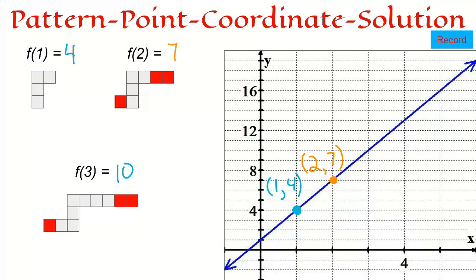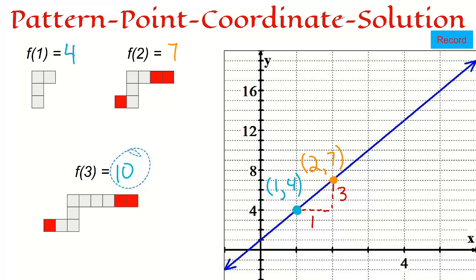The other thing that we can see is that when we move from figure 1 to figure 2, we go to the right 1 unit, we go up 3. I did that in red because as we go from figure 1 to figure 2, we add 3 tiles.